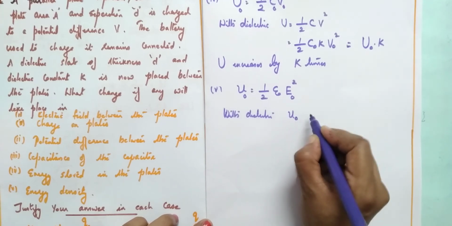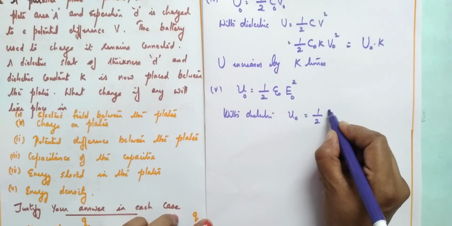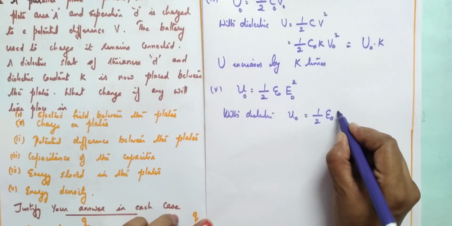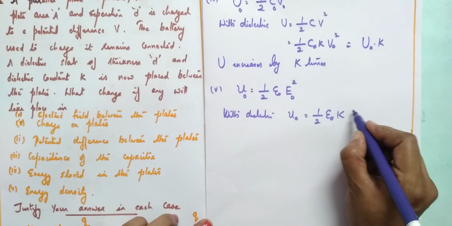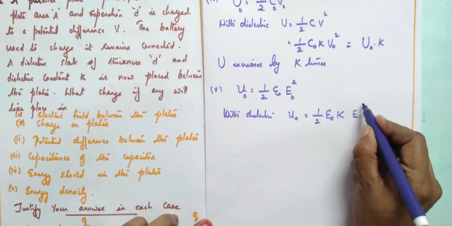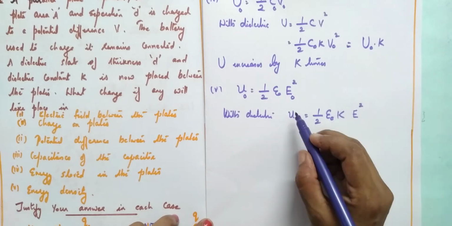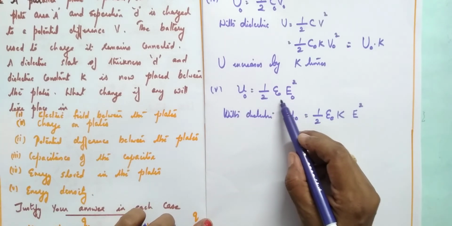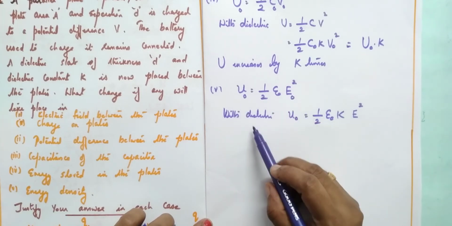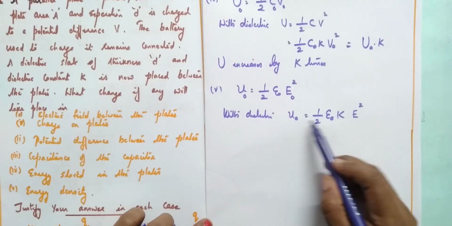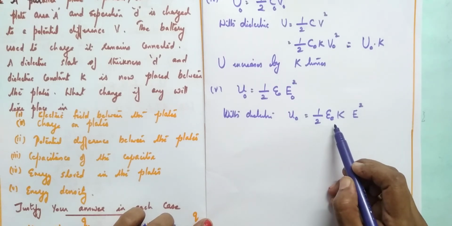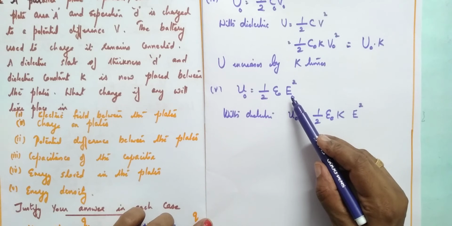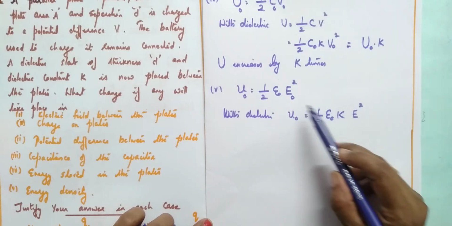Energy density U equals half, with epsilon 0, we have to introduce the term K also. E represents the electric field. So, U0 equal to half epsilon 0 E0 square. And with dielectric, energy density becomes half epsilon 0 into K into electric field E square.